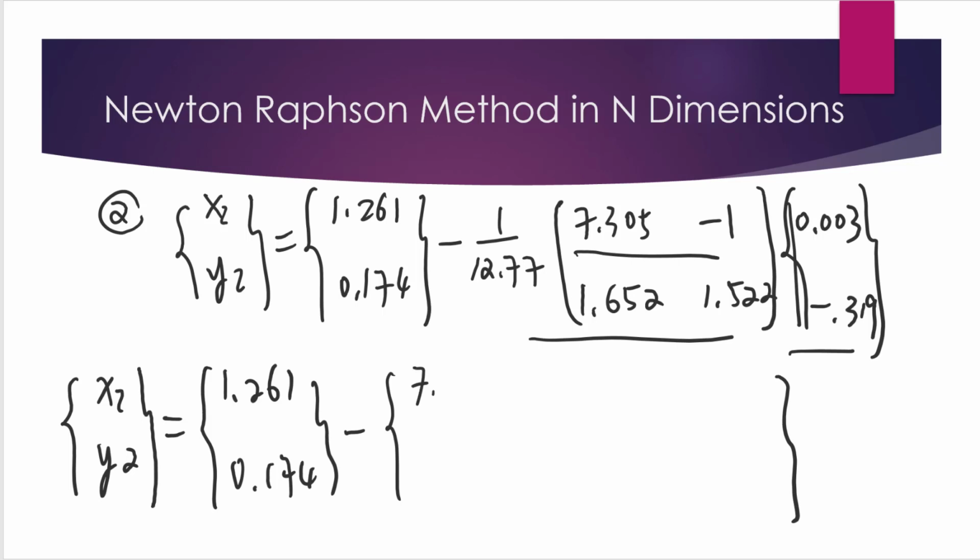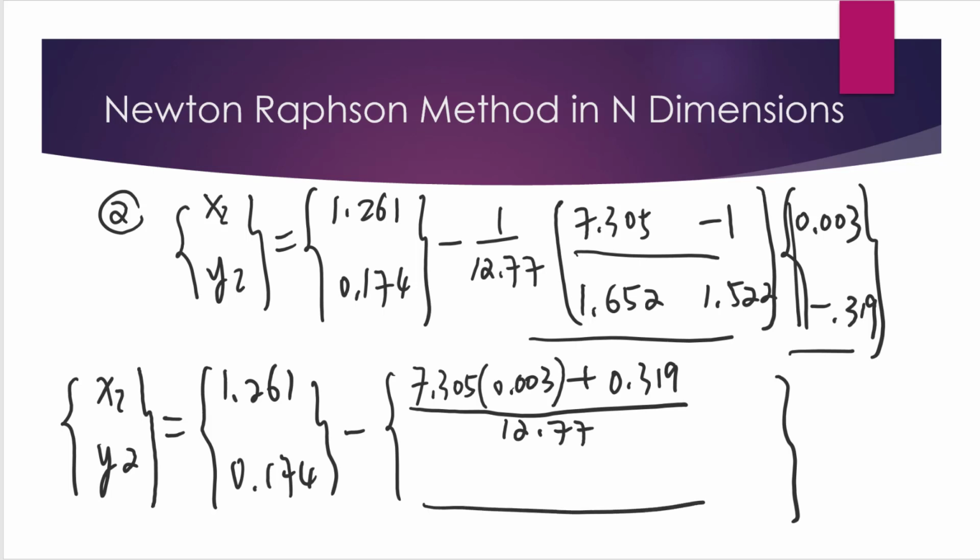So it's 7.305 times 0.003 plus 1 times 0.319, right, so also divided by 12.77.